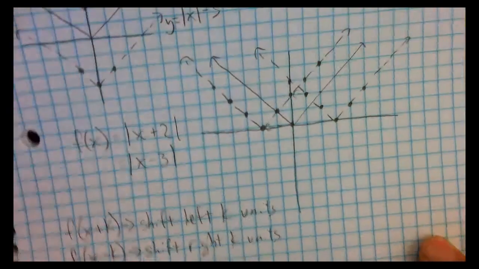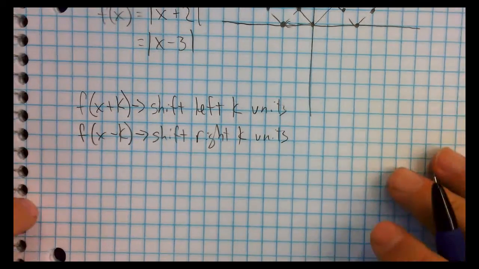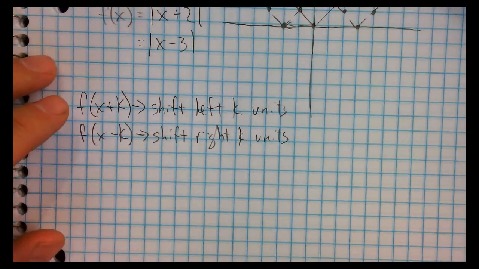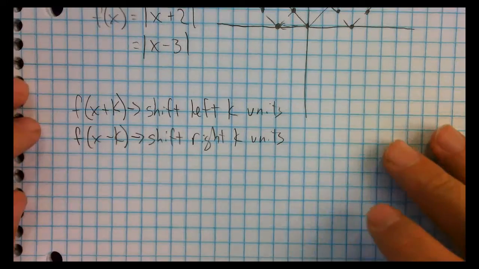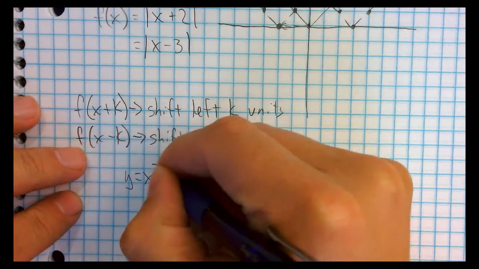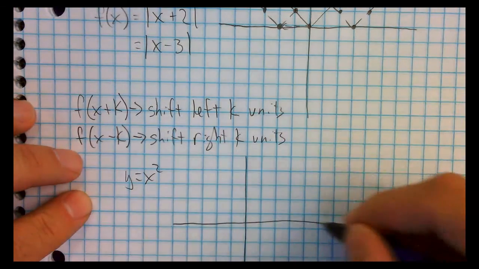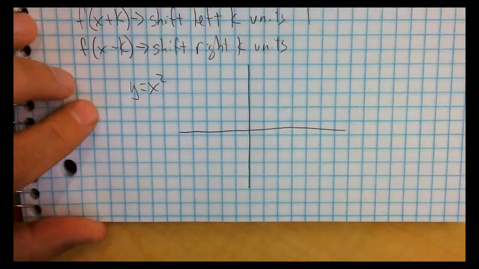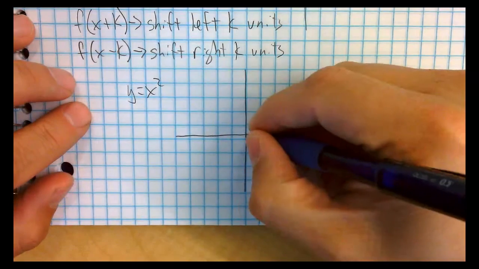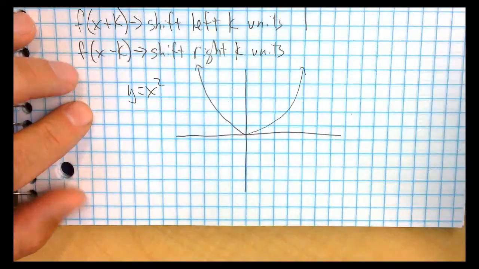All right, so now knowing that lets me do that with any of those graphs that I've done. So just for example, y equals x squared, a quadratic, right? We would know that the general y equals x squared looks something like this.